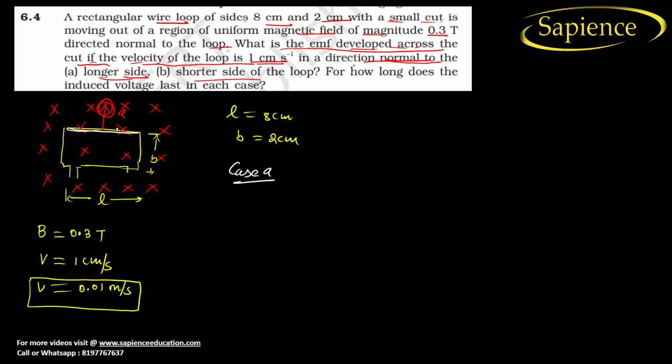So we need to find the induced EMF. We know that EMF is equal to B into L into V. The magnetic field strength is 0.3, into the length, which is 8 centimeter, so this will be 0.08 meter, and the velocity is 0.01.